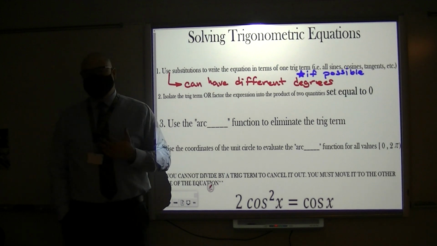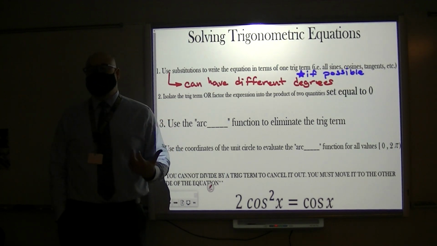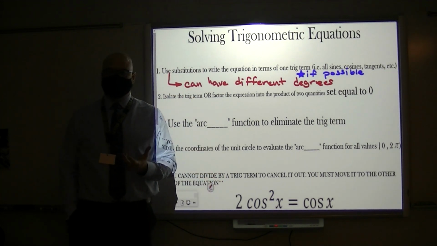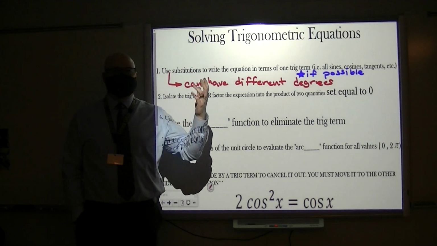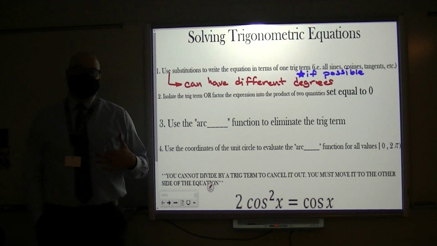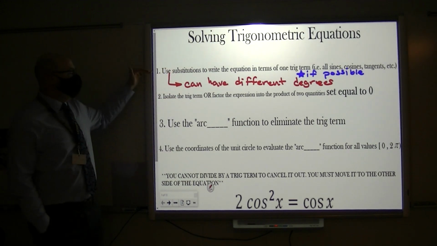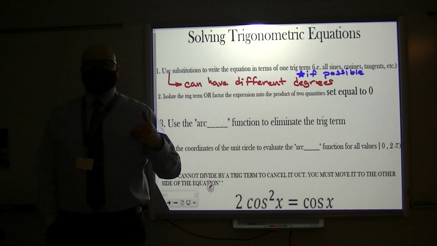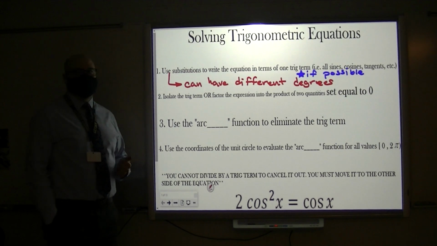So I'm very opposed most of the time to giving you step-by-step directions for how to do something, because very rarely does it address every single problem. And I'm not going to put my stamp on this and say, if you do these 4 steps, you can solve any trigonometric equation. But for the most part, what we look at, this should work.